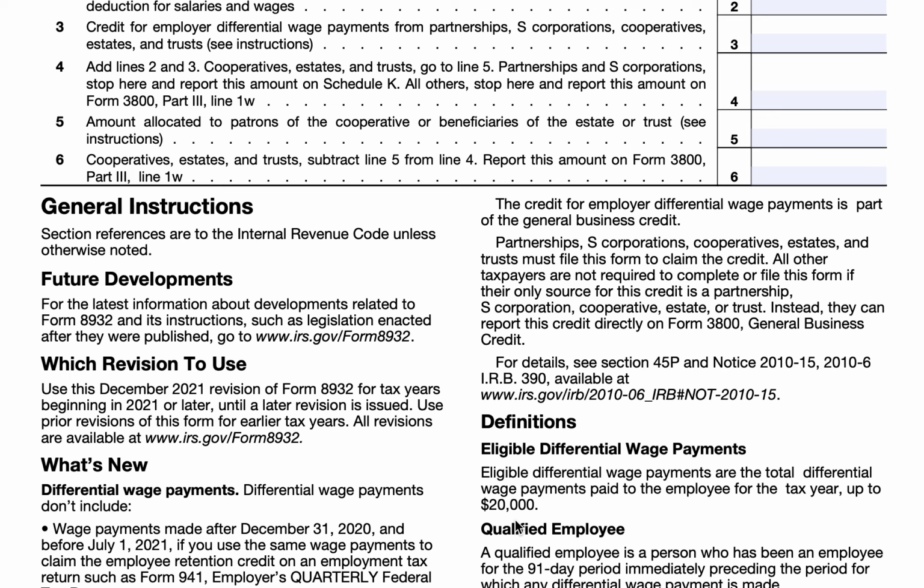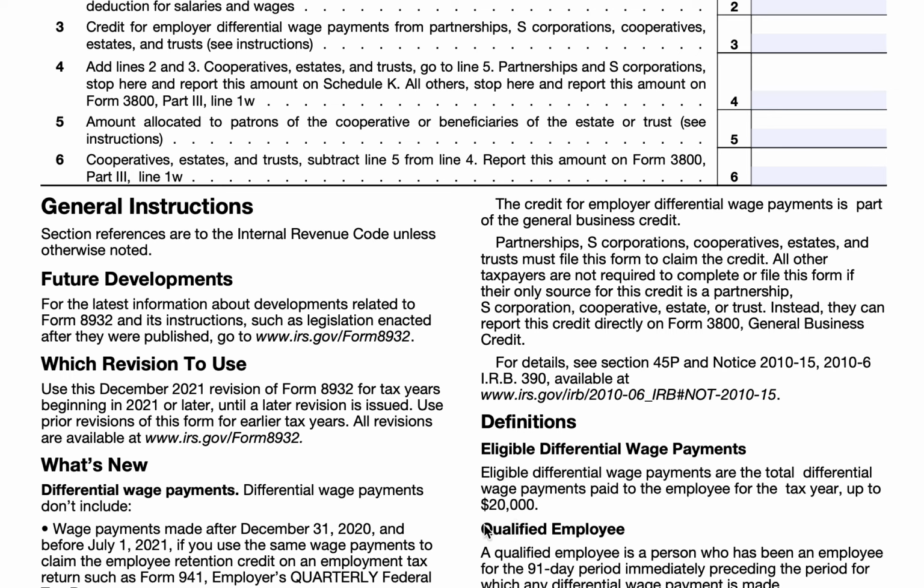Now instead, let's say the Army National Guard pays him $15,000 during that 3-month period. He would otherwise be entitled to $25,000, so his company makes the payment on top of that. His company pays the $10,000 difference. That would be considered a differential wage payment.